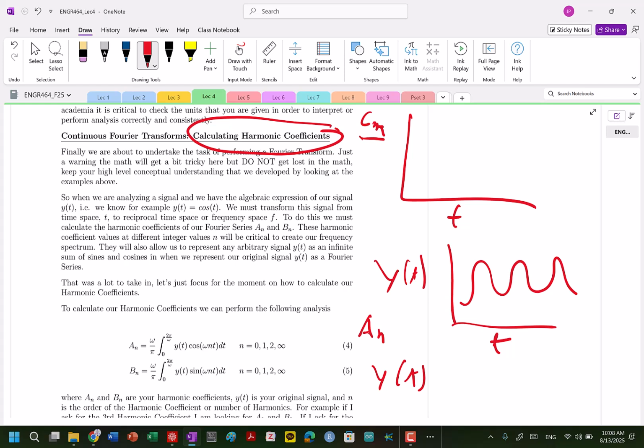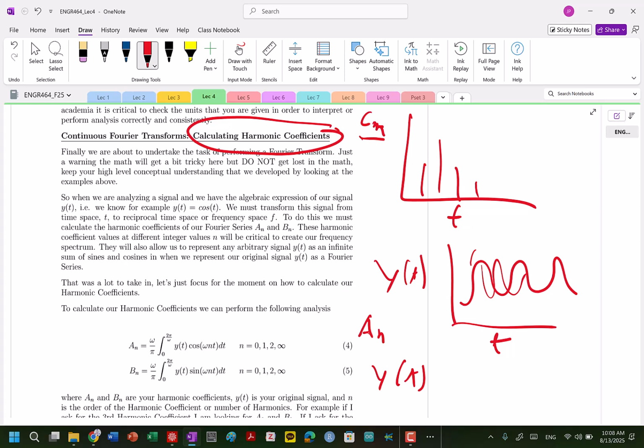Then we're going to take those harmonic coefficients and plot their magnitude to figure out our frequency signal, basically what frequency dominates based on the magnitude of those coefficients. That's the quintessential idea of a continuous Fourier transform.